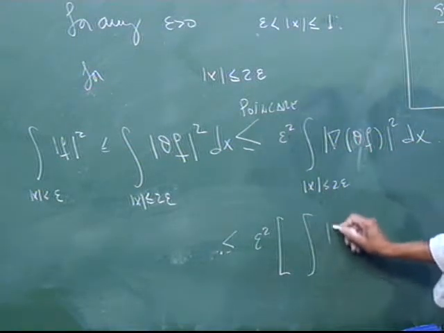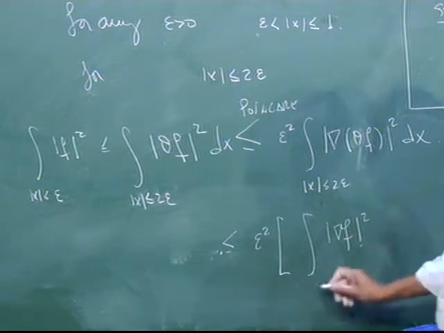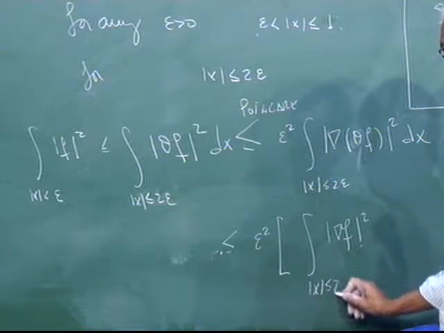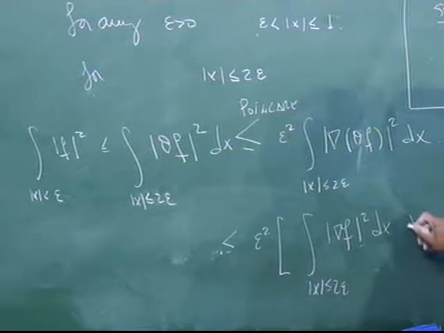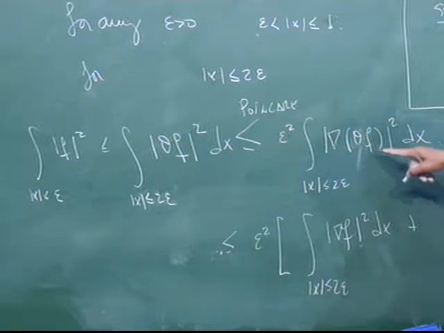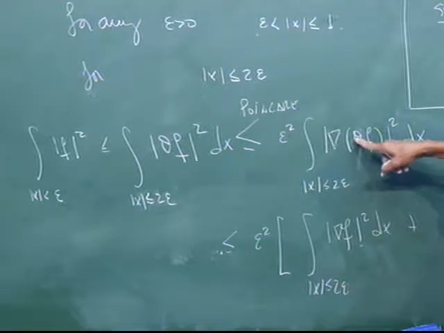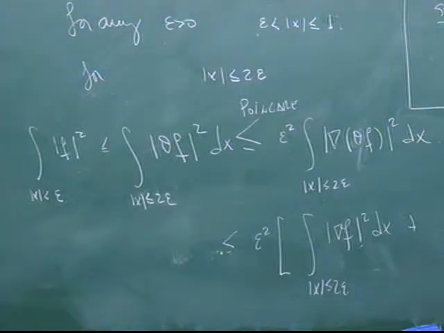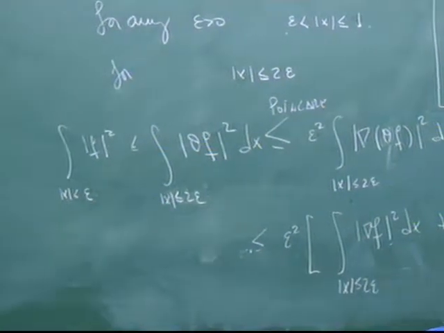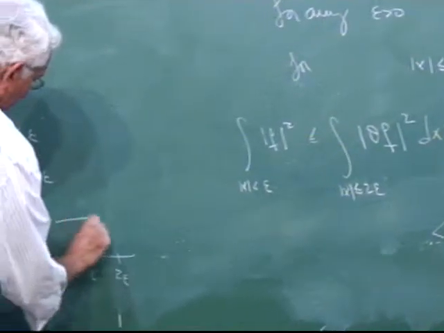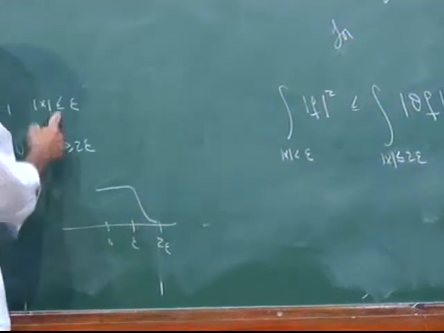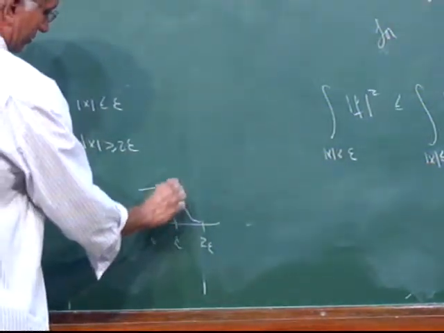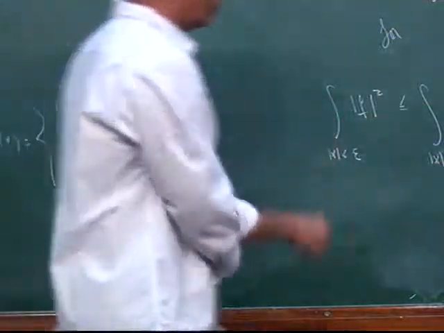And when the derivative hits the function going between 0 and 1, the derivative of this function is like 1 over epsilon. Since you have the square, you lose the epsilon.